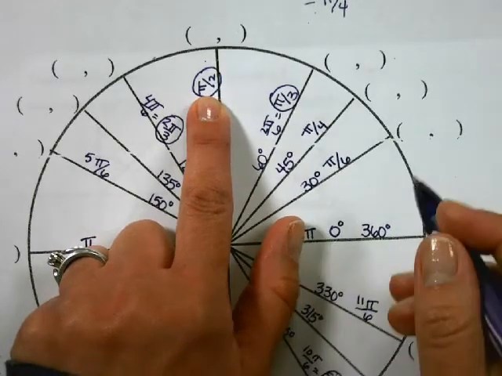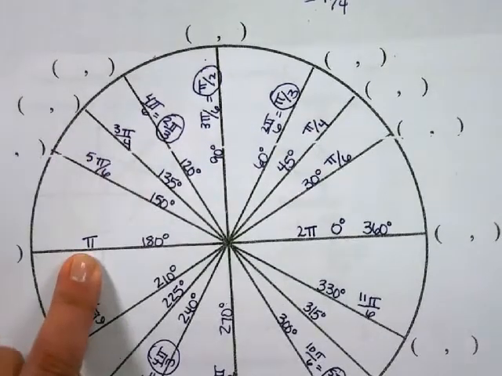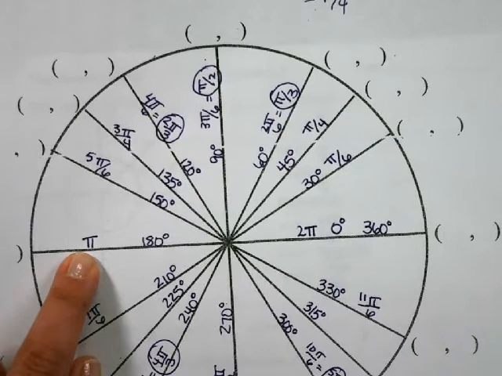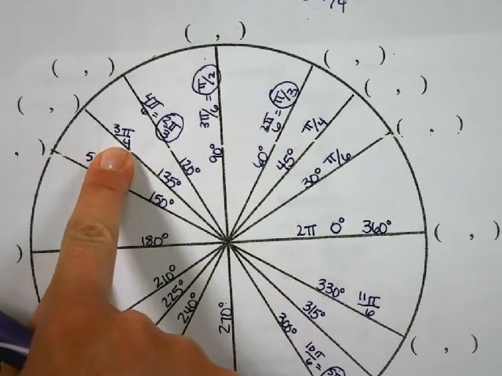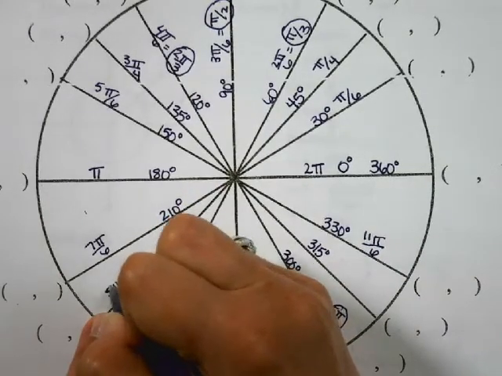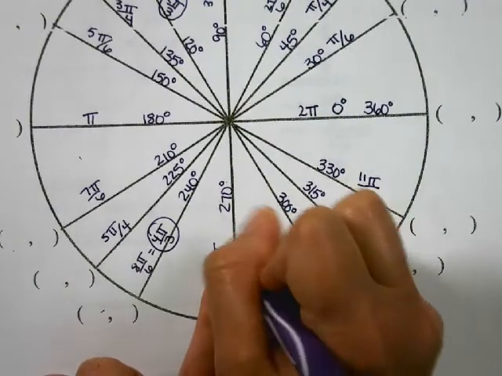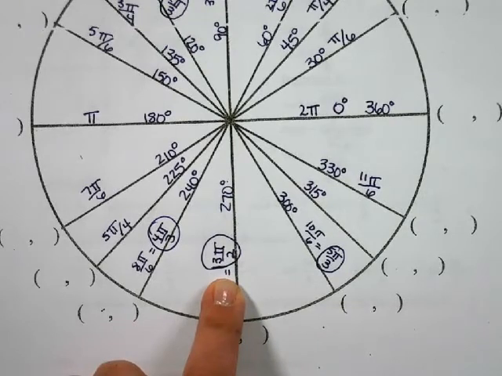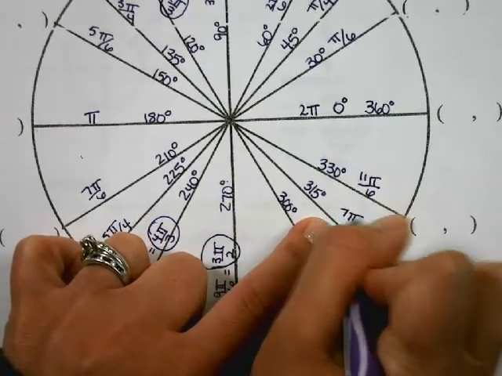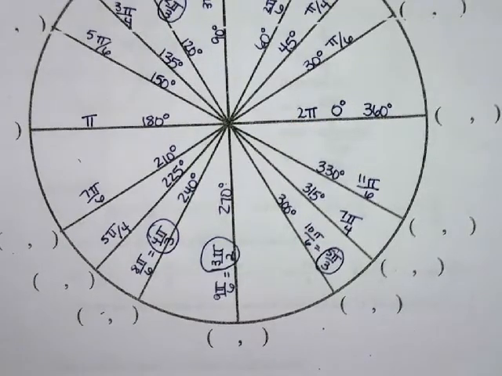It's already labeled. 3 pi over 4 is 135. 4 pi over 4 is already labeled, it's 180. 5 pi over 4 is 225. 6 pi over 4, already labeled, 3 pi over 2. 315 is now 7 pi over 4. 360 is 8 pi over 4. 8 divided by 4 is 2. It's already labeled.